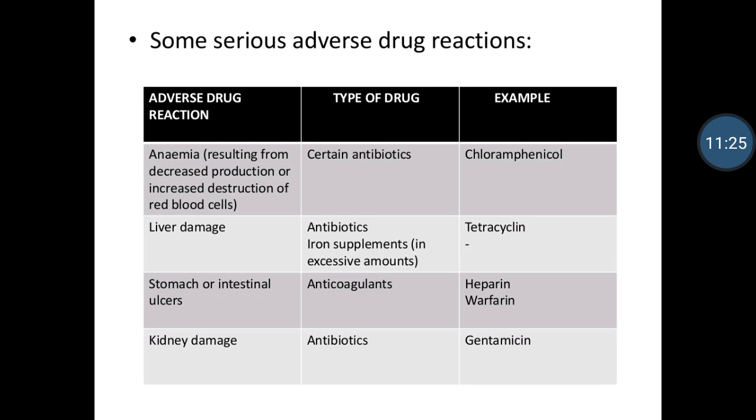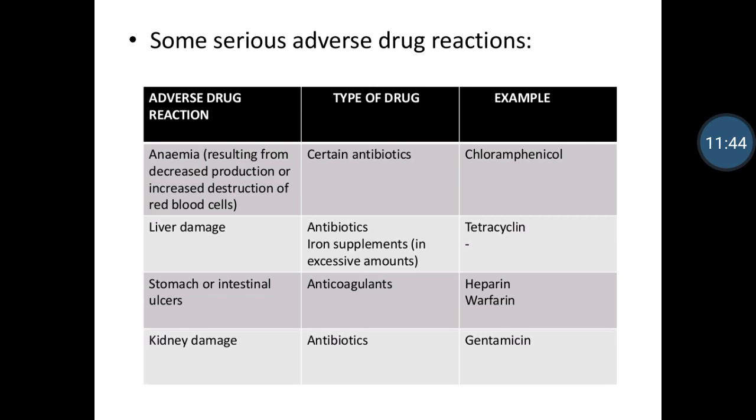Second example, liver damage. Liver damage is caused by a type of drug, for example antibiotics taken together with iron supplements like ferrous sulfate and ferrous ascorbate in excessive amounts, which will directly damage your liver.